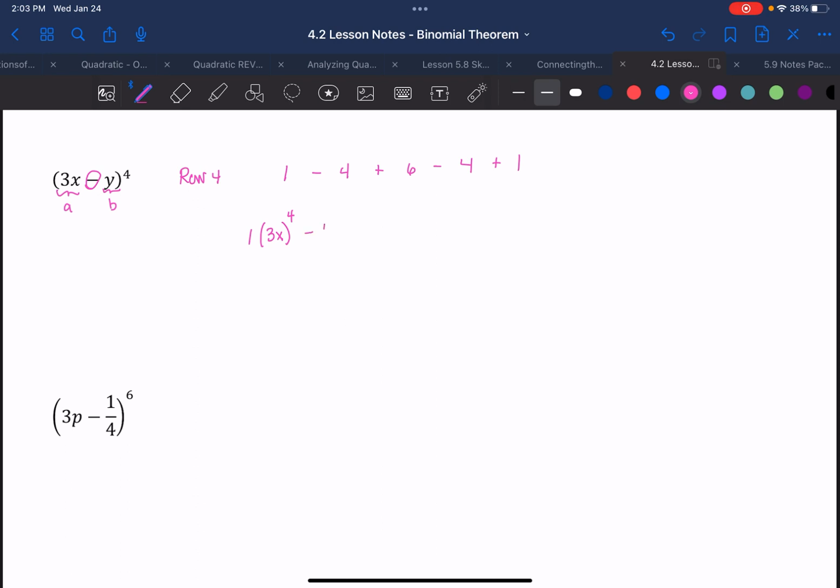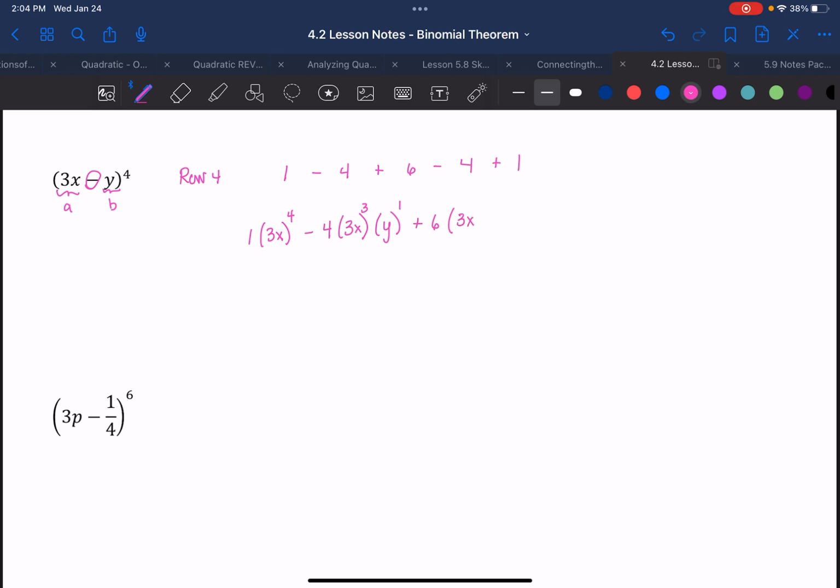Moving on to term 2, I get 4 times my first term of 3x lowers by 1 exponent, and my y, which is my second term in my binomial, goes up 1. So it started at 0, now it's up 1. Plus 6 is my next coefficient.